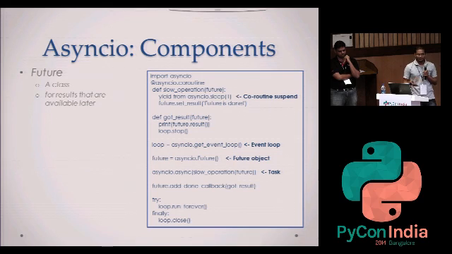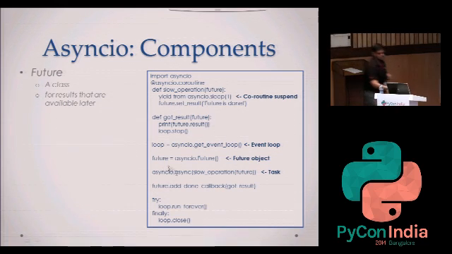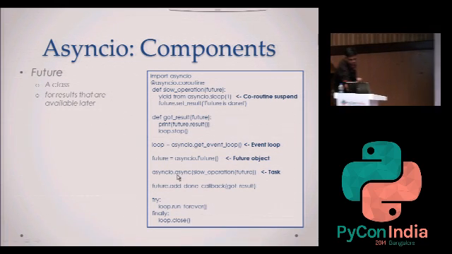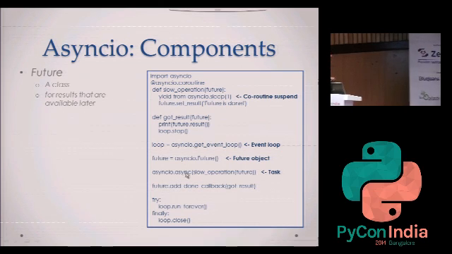So here we have an example. We create an event loop with the get event loop call, and we create a future object. Here you can see, async IO.async will create a task.